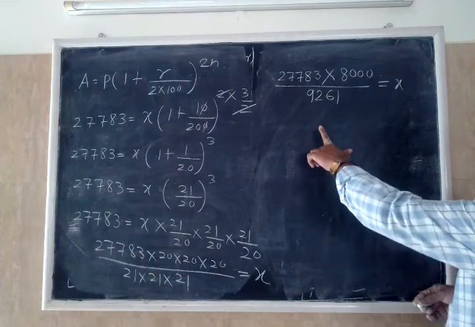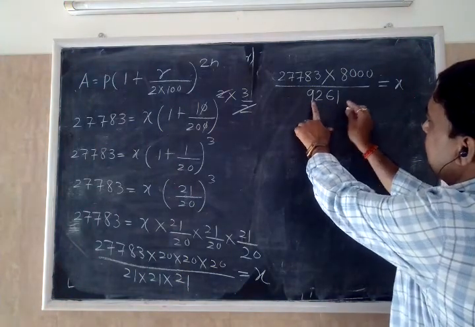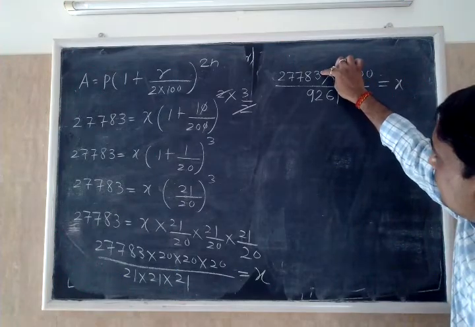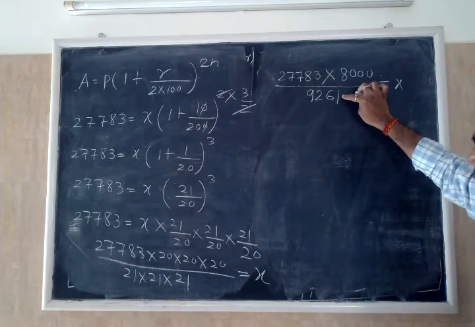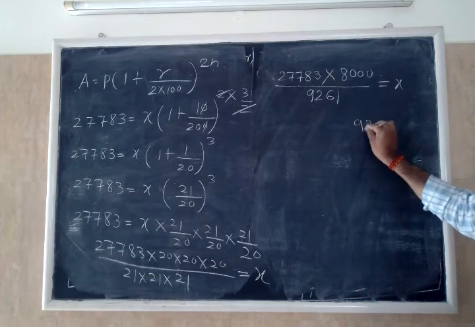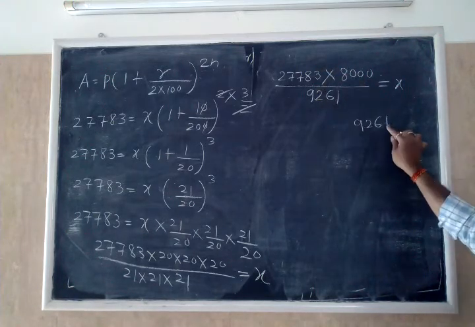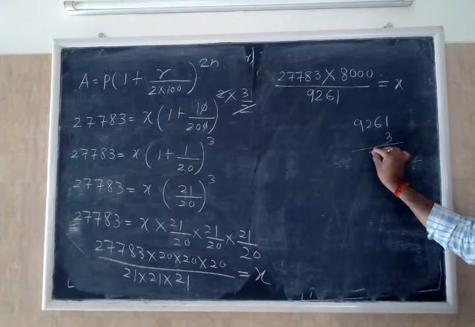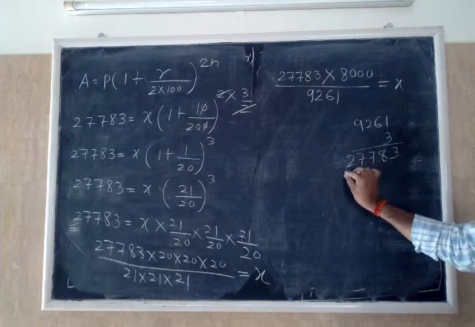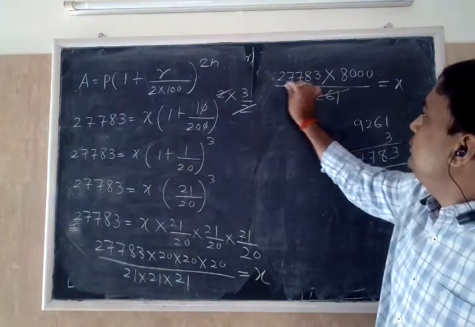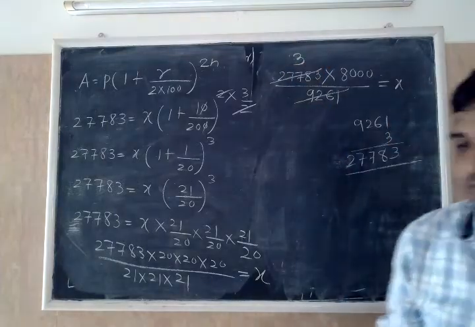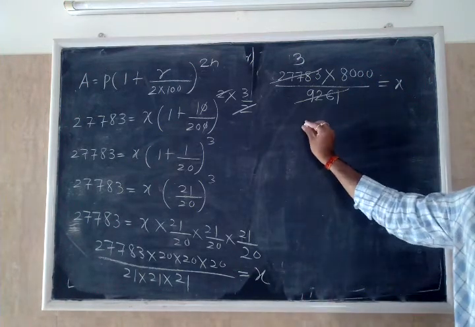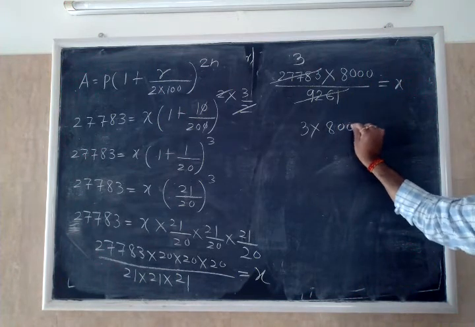Now you can divide. See what observation you should make. 9261 divided by 3 is 3087, and 27783 divided by 3 is 9261. So the numerator is 9261, and 3 into 8,000 is x.